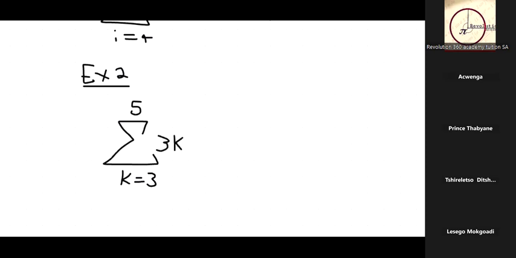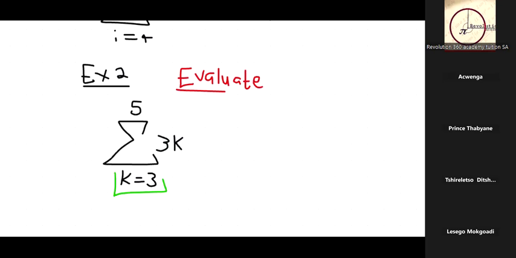The tricky part with sigma notation is that when they say evaluate, they don't give you a hint of what you need to do. But since you are working with sigma notation, you understand that sigma means sum, so you must add something. How do you know that? You develop a series. And whenever it's k equals 3, they can use i, k, m, or any letter they want.